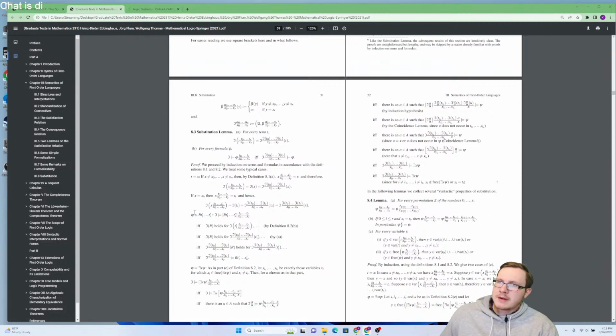So the requirement of the proof is to show that the interpretation holds on the substitution of variables for terms if and only if the interpretation where the variables are substituted for the interpretation of the term satisfies the original formula.